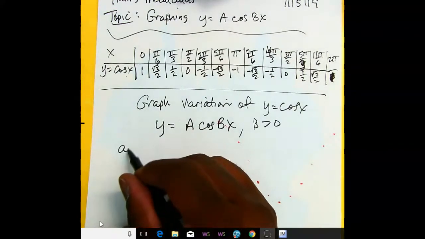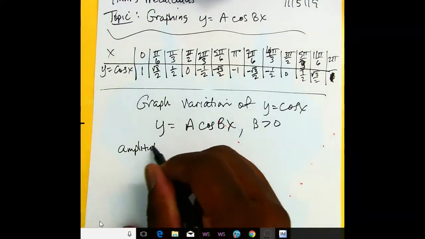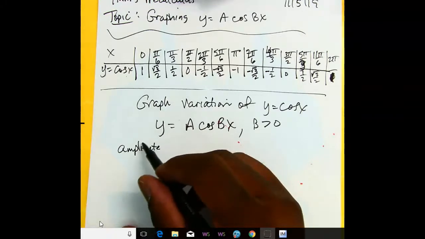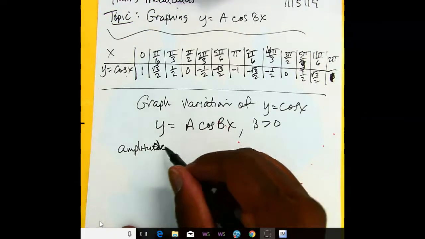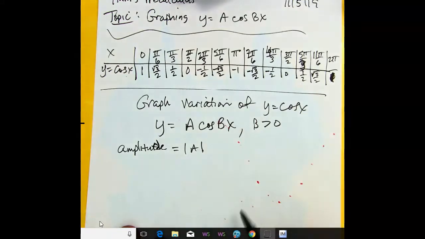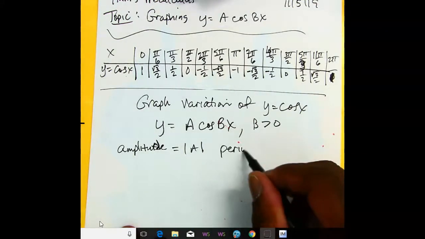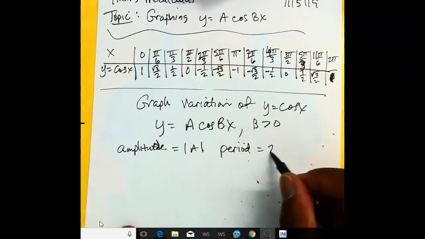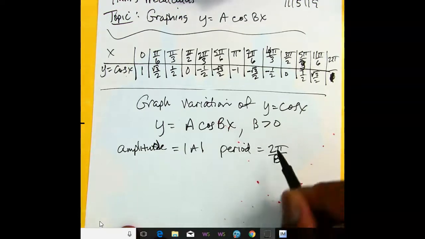So we know our amplitude is the absolute value of a, and our period is still 2 pi divided by b.